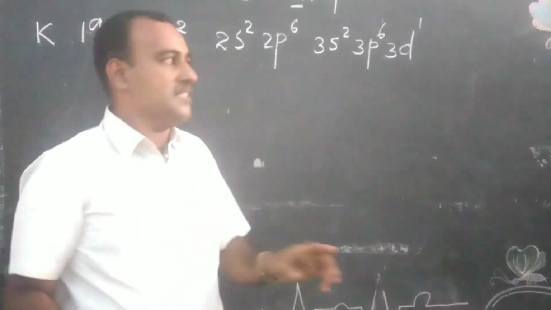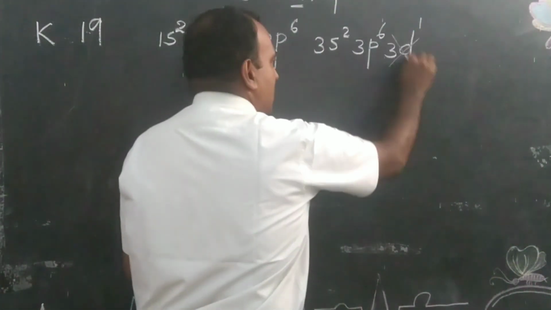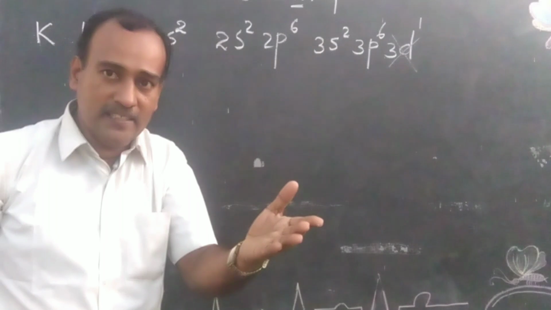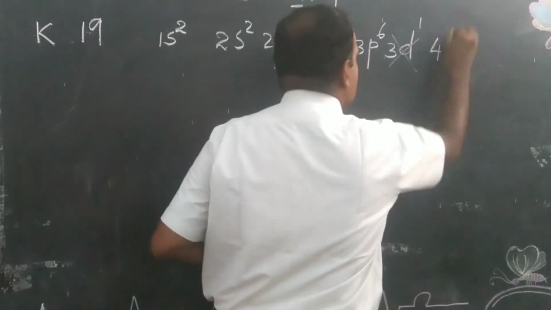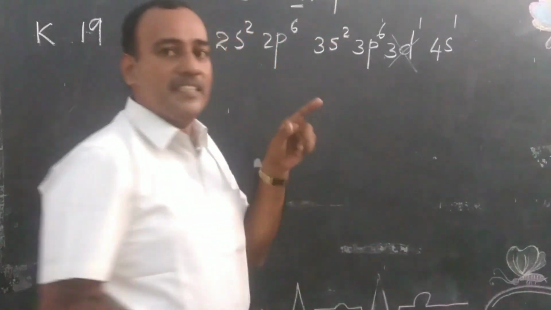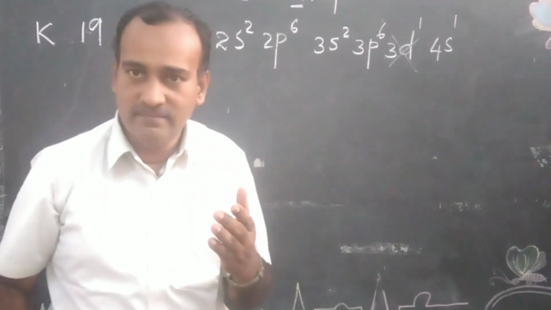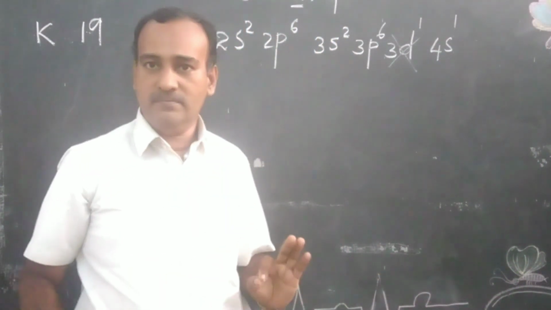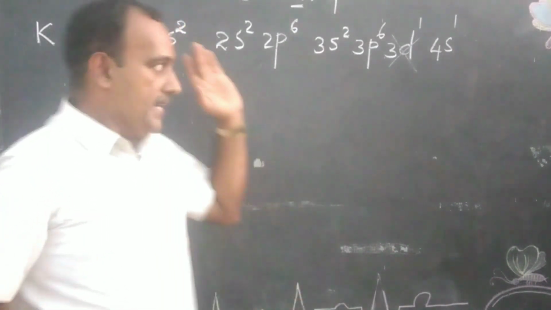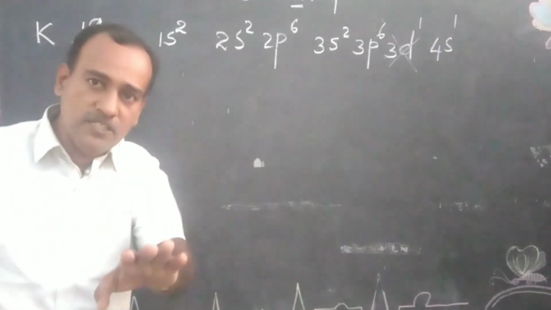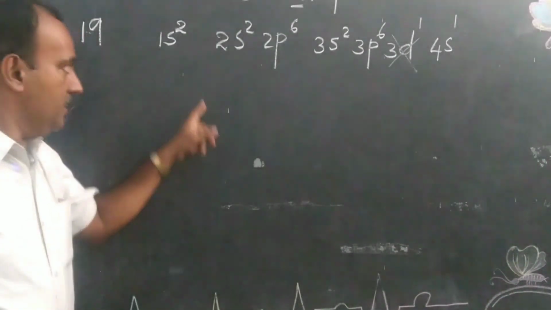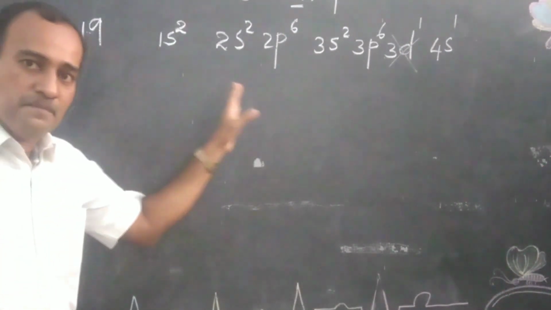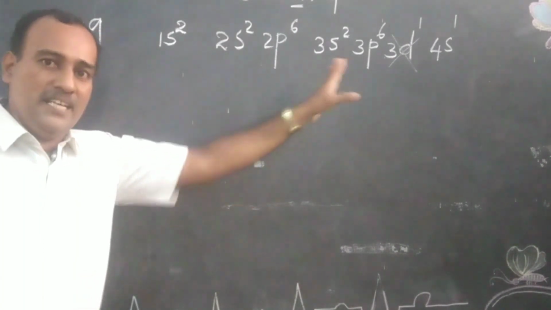But it is wrong. The last electron goes to 4s1, not 3d1. Why? This is the problem. As we studied in our last video, for writing electronic configuration, the electrons enter as per subshell level.